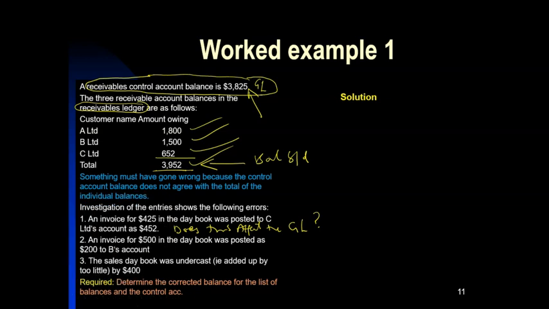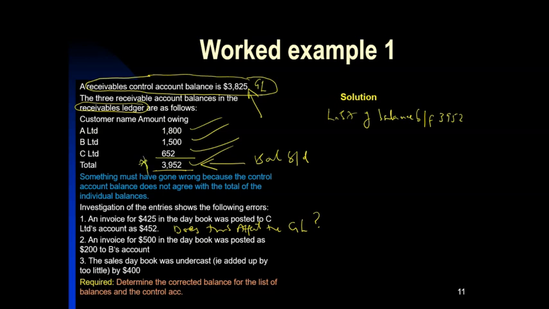Okay, list of balances. Balance brought forward was how much? 3952. Okay, this one, 3952.